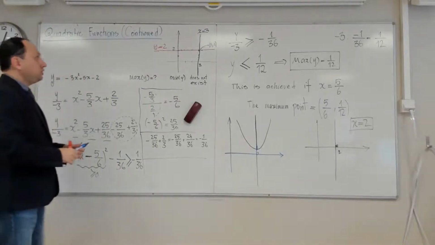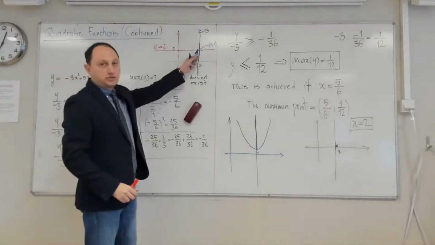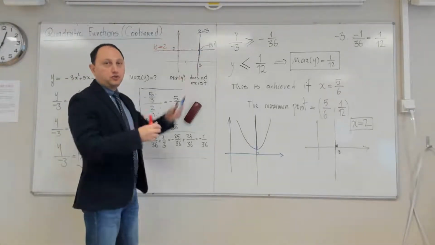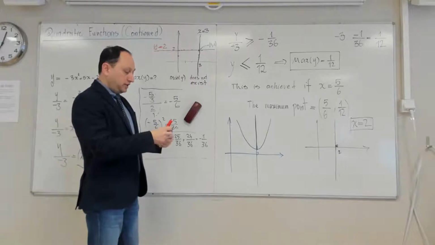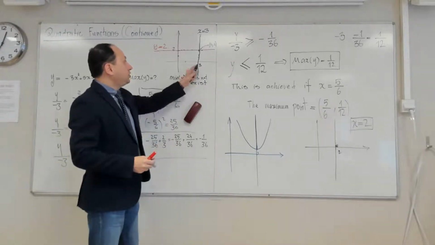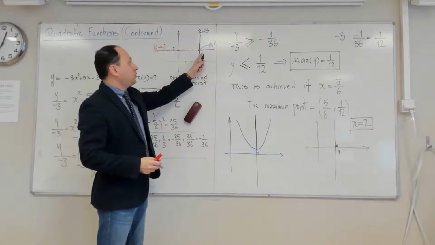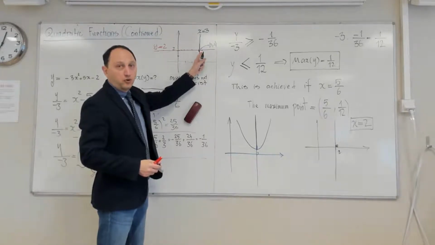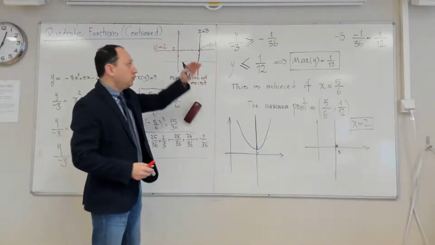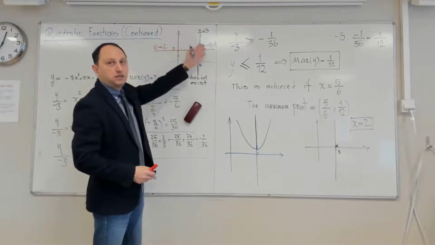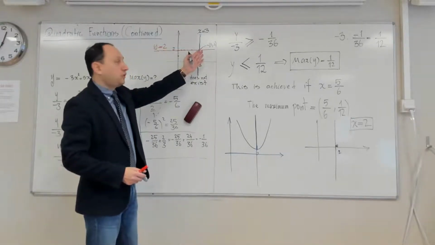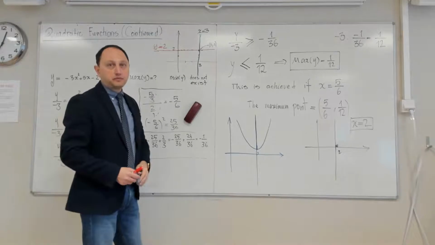So if you know one point, and you know that your line is supposed to pass through that point vertically or horizontally, you can immediately answer what the equation of that line is.